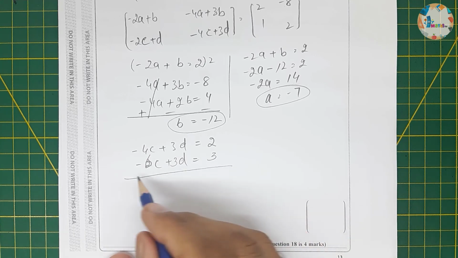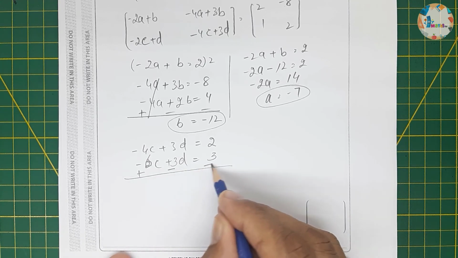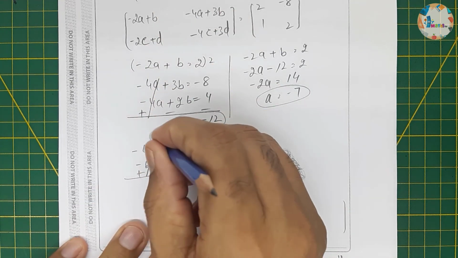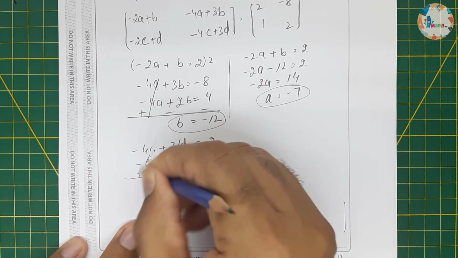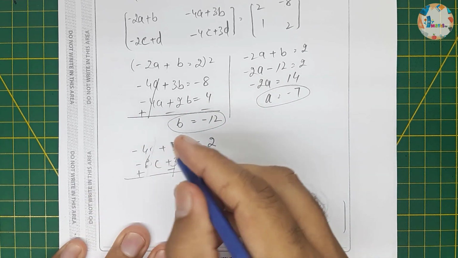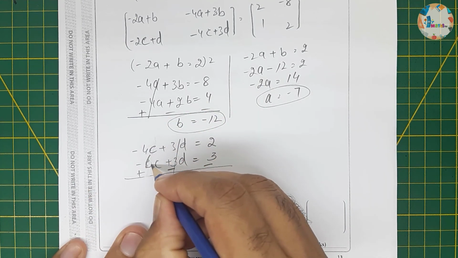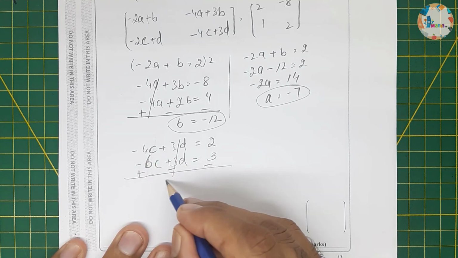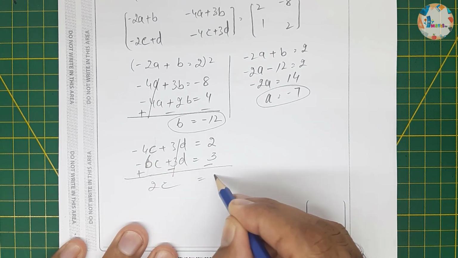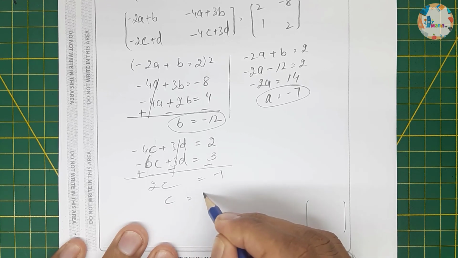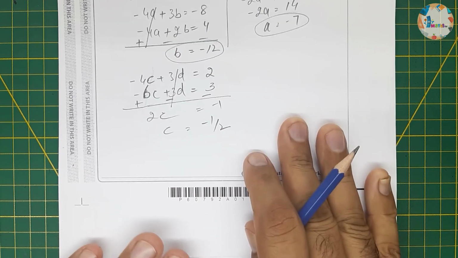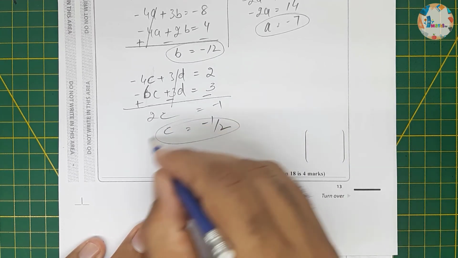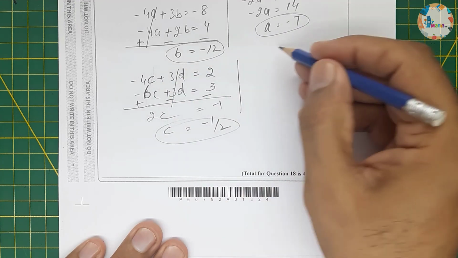So now we can subtract, so the d terms cancel, and 4c and minus 6c gives 2c, so 2c is equal to minus 1, so c is equal to minus 1 by 2.